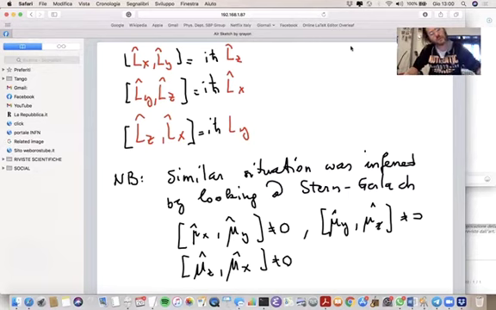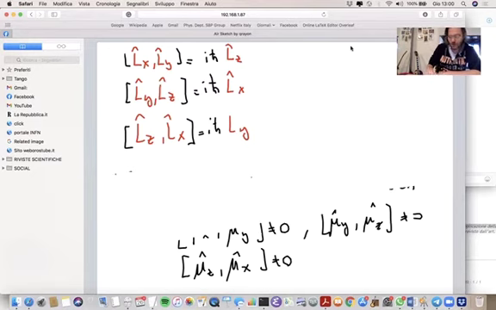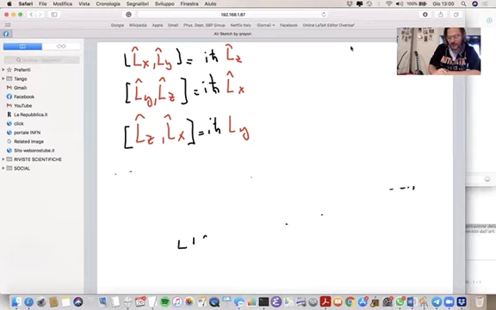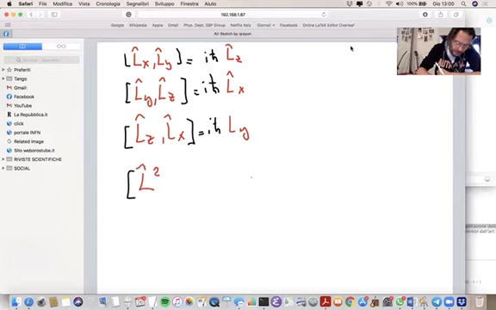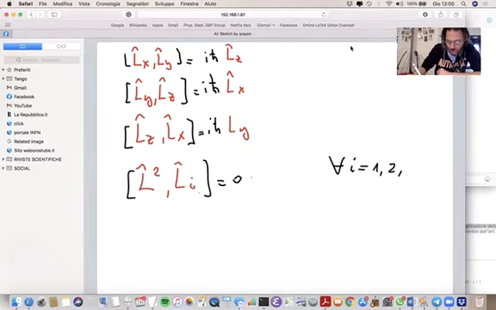However, there is one thing that can be noticed by doing explicit calculation, and this is indeed a very long calculation. If you want to get handy with partial derivatives, do it, but it's really, really long. And it's the following. The commutator of L squared and Li equals 0 for all i equal 1, 2, and 3, or x, y, z.